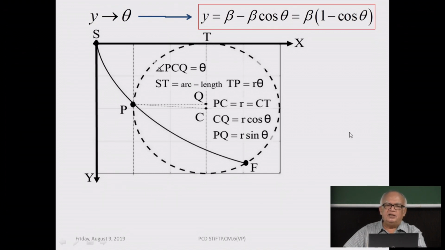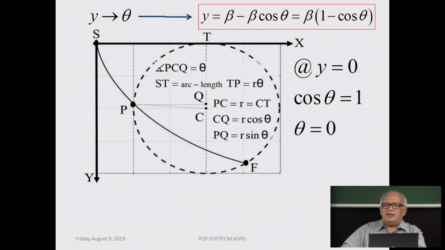So this is the relationship that you get, and you transform the variable one more time. We already transformed from t to y, and now from y to theta by introducing this relation. You write y in terms of theta now as beta into 1 minus cos theta. But then at y equal to 0, cos theta will be equal to 1, and therefore theta must be 0.